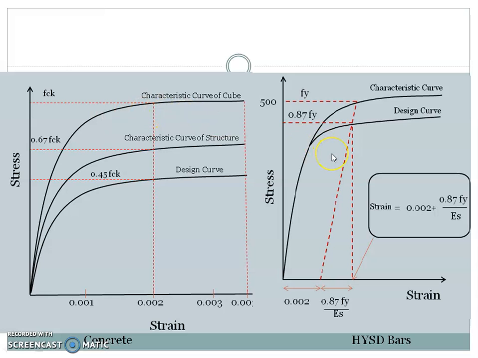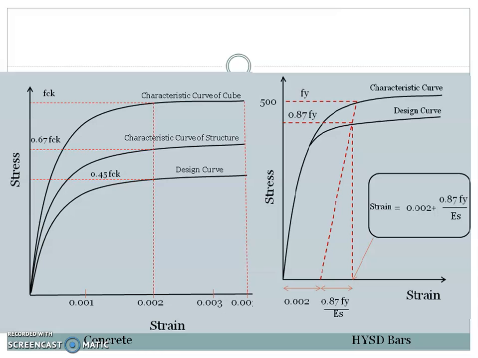But in case of steel, modulus of elasticity is constant, that is Es is equal to 2 into 10 to the power 5 megapascals. We have seen it in the previous slide. It does not depend on any stress level, that is why we apply the partial safety factor only for the nonlinear region of steel.